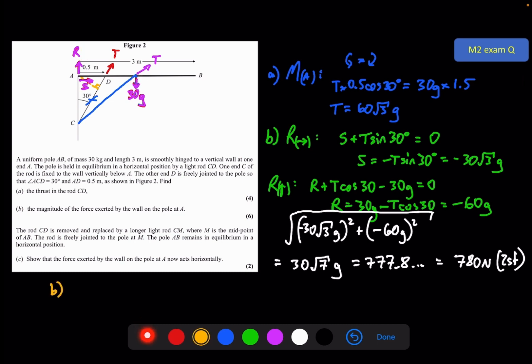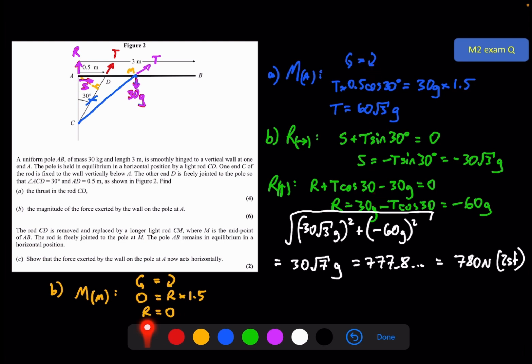So for part B, we would take moments about the point M here, where the anticlockwise must equal the clockwise, and there are no anticlockwise moments, and the only clockwise moment is R times 1.5 meters, so R must equal 0. And I hope you agree that that is a much quicker and easier way than redoing all of this.